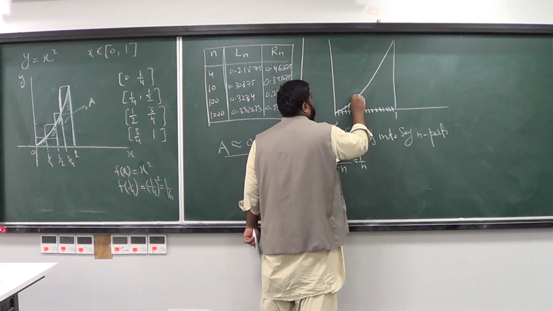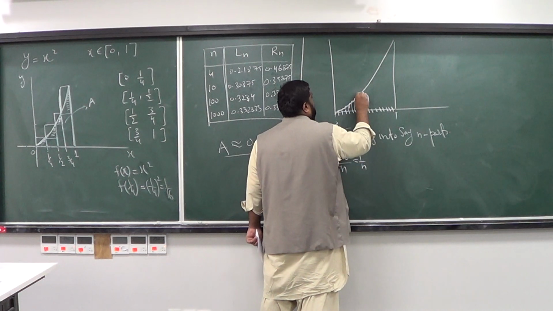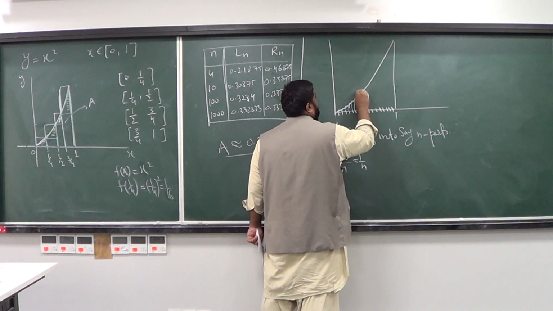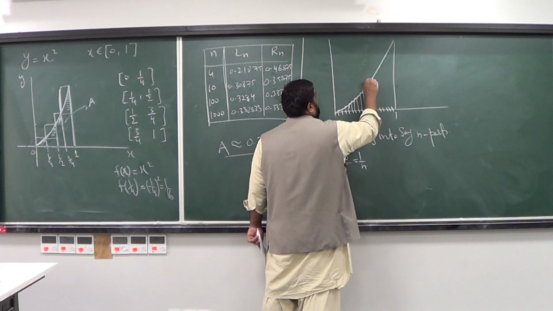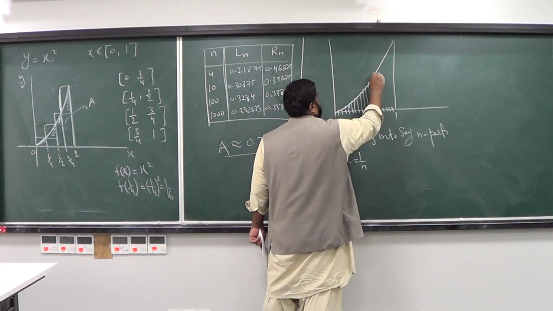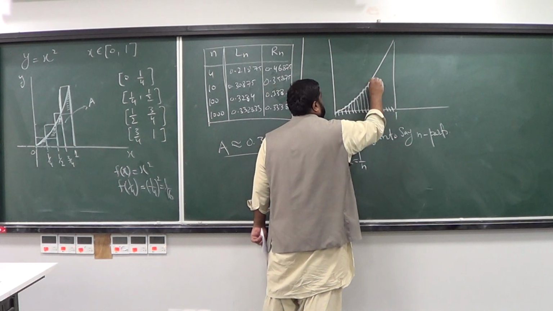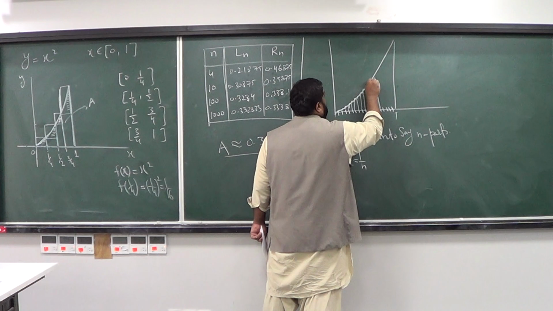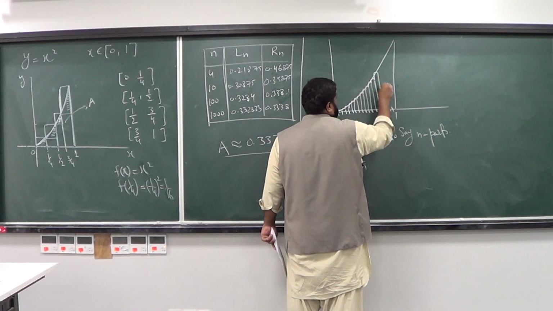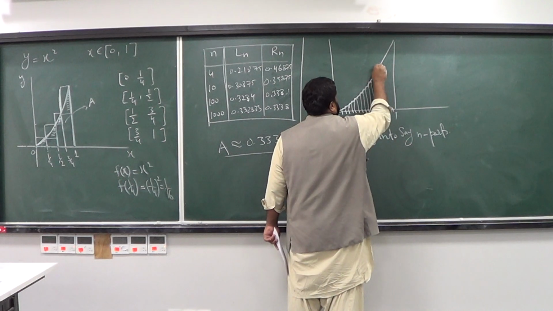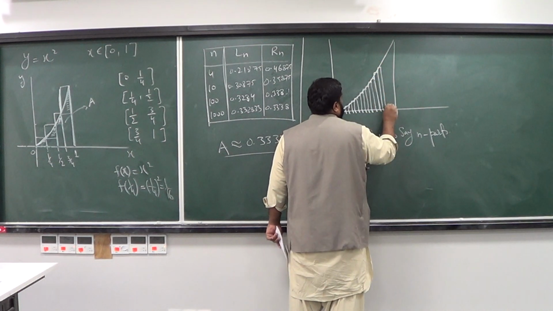It's going to involve some error, but the right end point is going to do better. You're going to see that this is going to do a lot better. The more intervals you use, the better it will do. Okay? And so on and so forth.